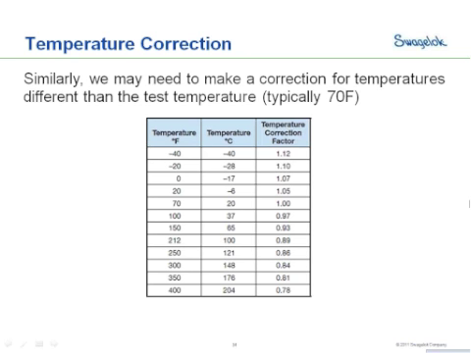Note that if you're using a different gas than the regulator was tested with, and you're using it at a different temperature, you're going to have to apply both correction factors. And as we mentioned before, the shape of the curve doesn't change, just the scale, the flow scale across the bottom of the flow curve, is what we're adjusting.